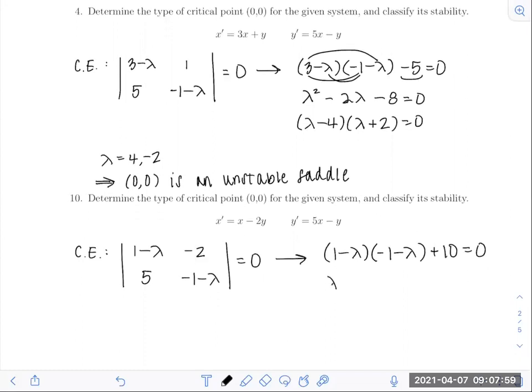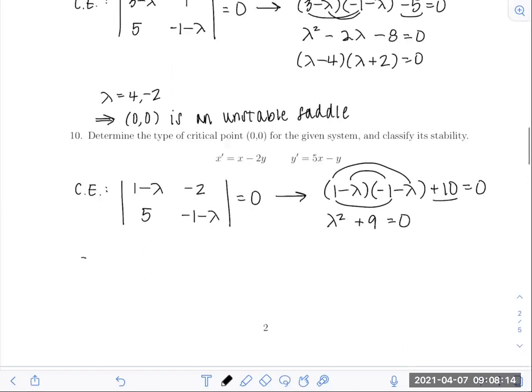So this is lambda squared. I get a positive lambda and a negative lambda. Those are canceling. Minus 1 plus 10 is a plus 9. So here I'm getting lambda equals plus or minus 3i.